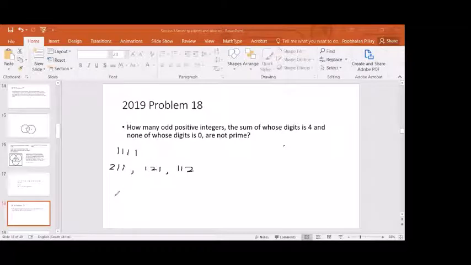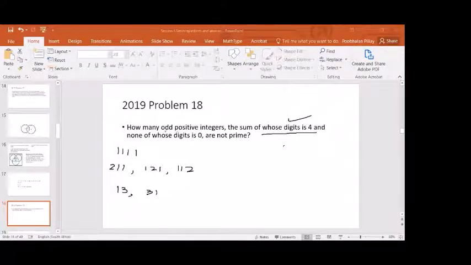Or you could have 1, 1, and then the other numbers will add up to 4, so you could have 1, 3, or 3, 1. You finished with 2 ones and 1 two. So these are the only ones which have sum 4. These are all the sum 4 numbers. Right. So we finished with that. The sum of the digits is 4.